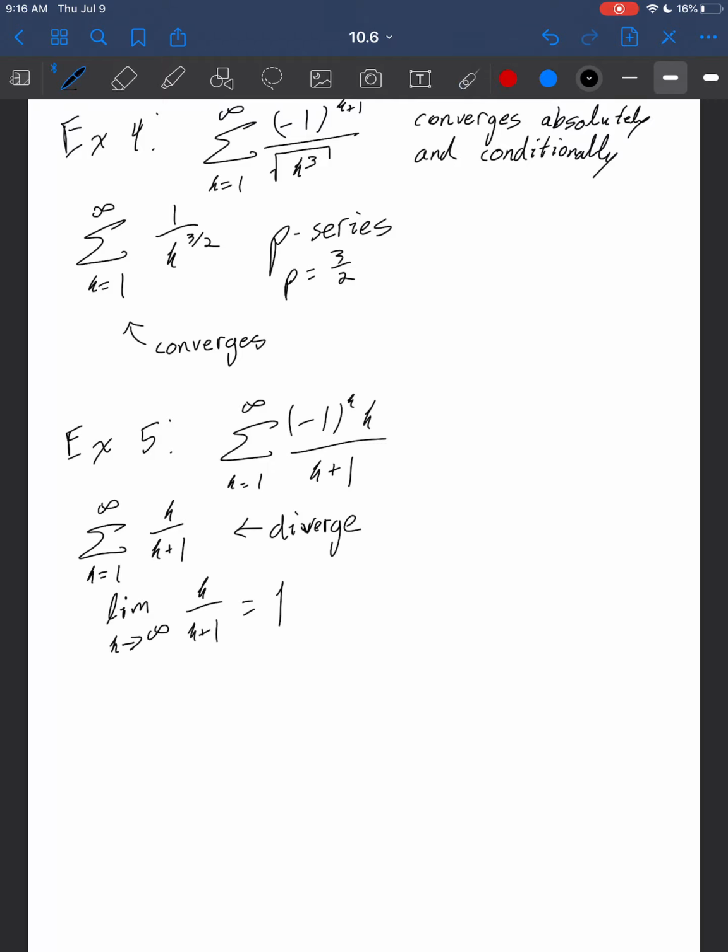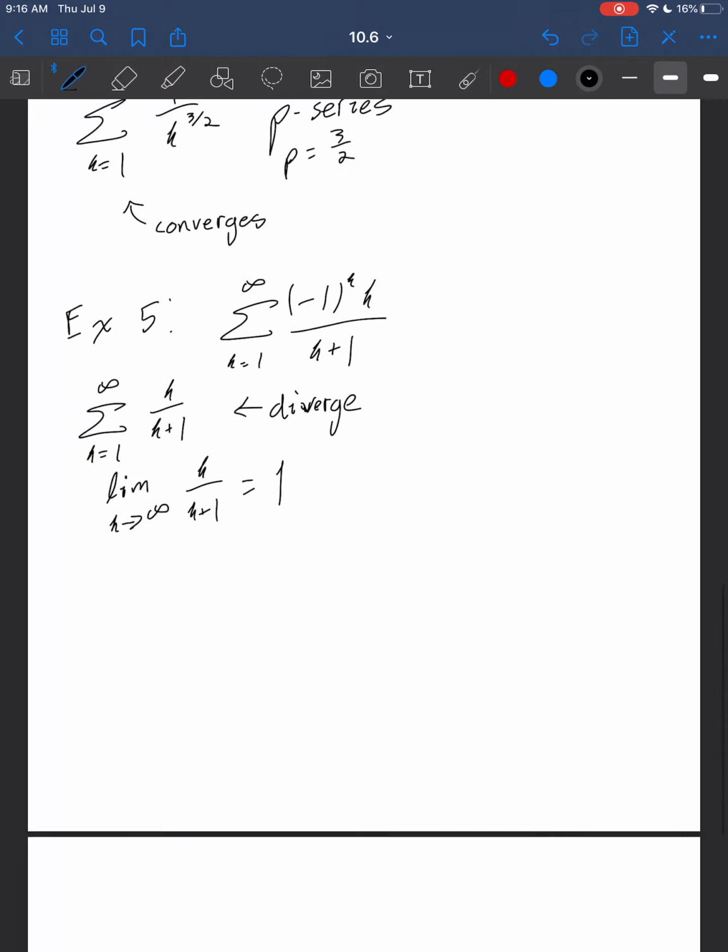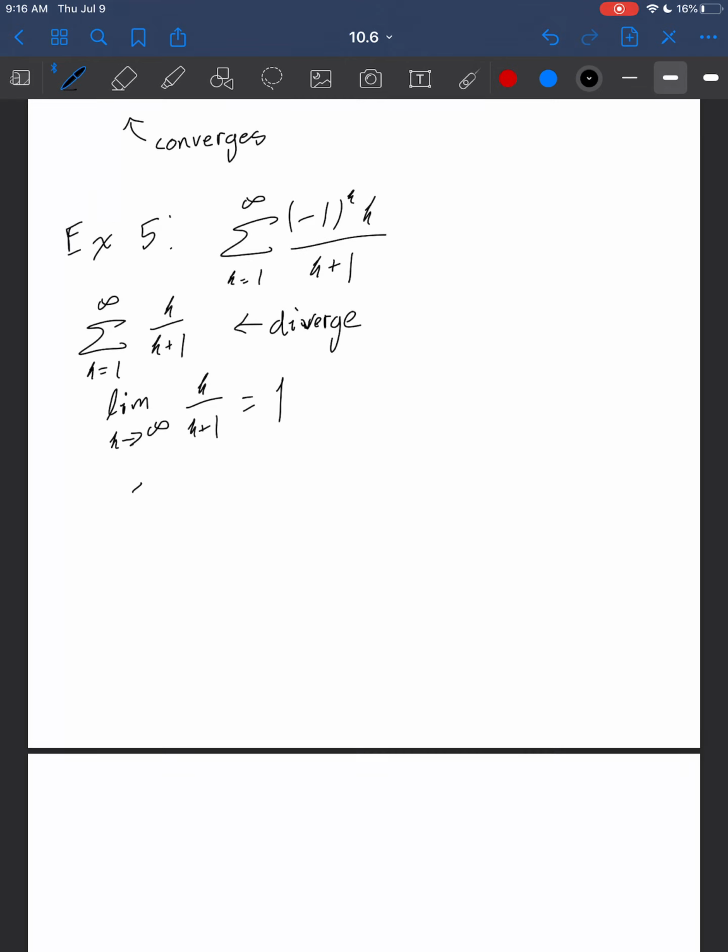The divergence test says if this limit is anything but 0, this series is going to diverge. Okay, what about the alternating series? The sum from k equals 1 to infinity of negative 1 to the k over k plus 1. Well, we can do the same thing in this case, right?